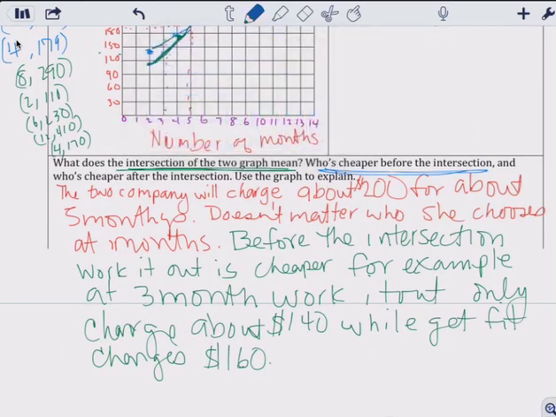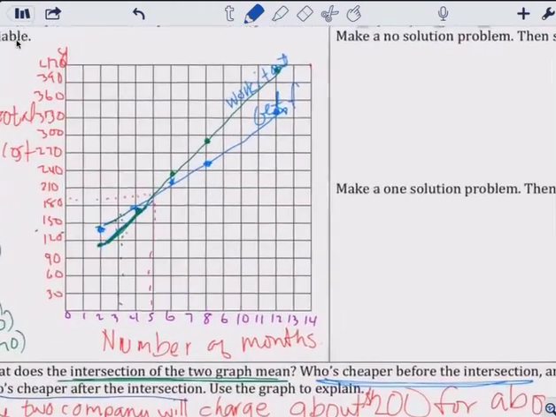Okay, now the other question is, who's cheaper after the intersection? Well, let's see who's below.